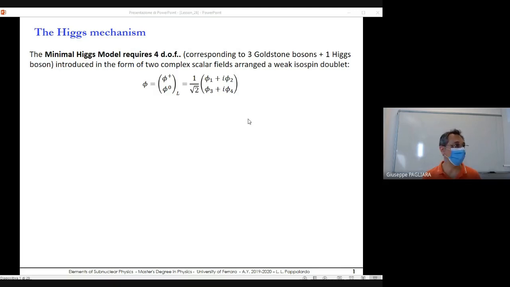There is an additional degree of freedom, because we are starting with 4, and the remaining degree of freedom does not take part in this unitary gauge. It remains as a free object. It is a scalar boson. It is called Higgs boson, and we need to observe it. Otherwise, the theory cannot be proved.